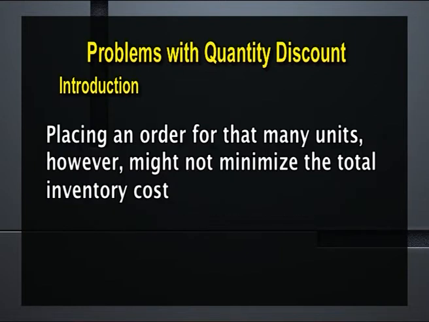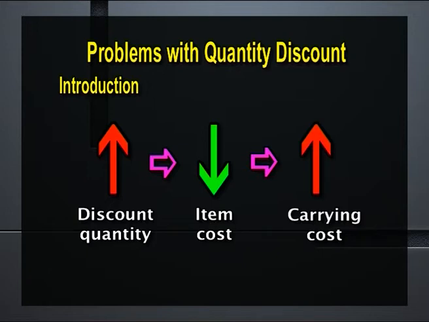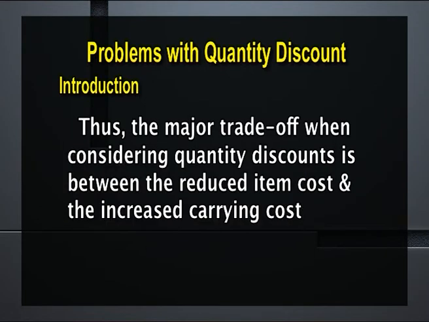Placing an order for that many units, however, might not minimize the total inventory cost. As the discount quantity goes up, the item cost goes down, but the carrying cost increases because the order sizes are large. Thus, the major trade-off when considering quantity discounts is between the reduced item cost and the increased carrying cost.